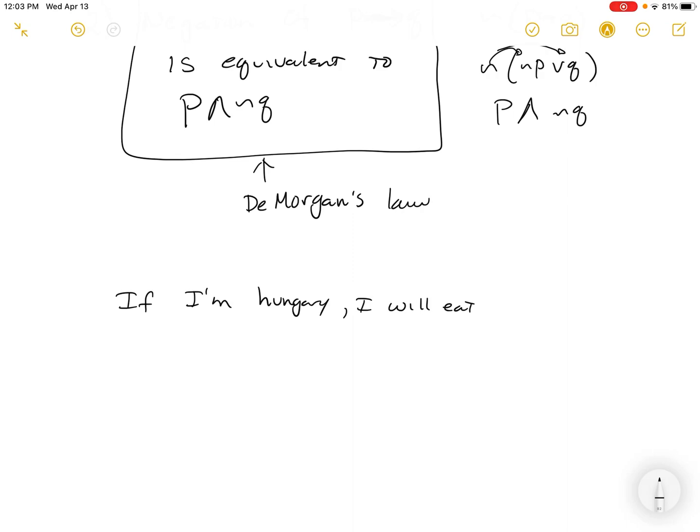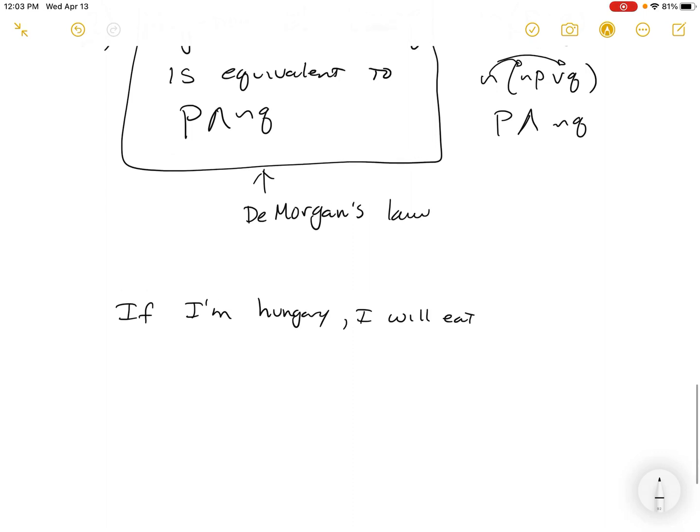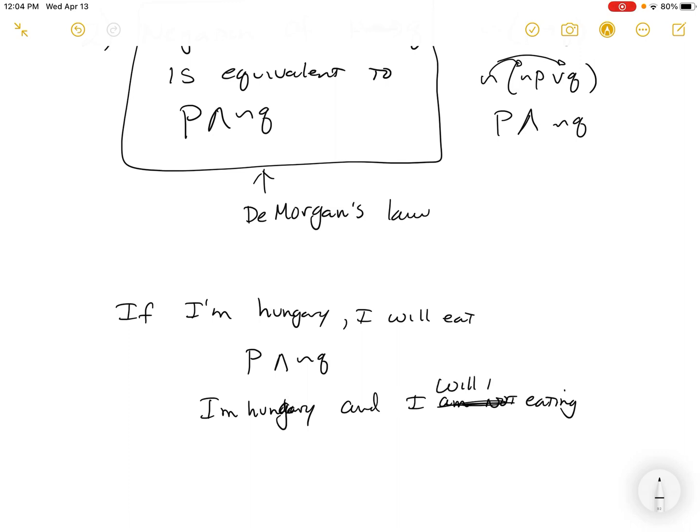If they want us to do the negation of that statement right there, it is P and not Q. So it would have to be: you're hungry and I am not eating. That would be the negation of that. I'm hungry and, I shouldn't say am not, and will not eat may be a better statement.